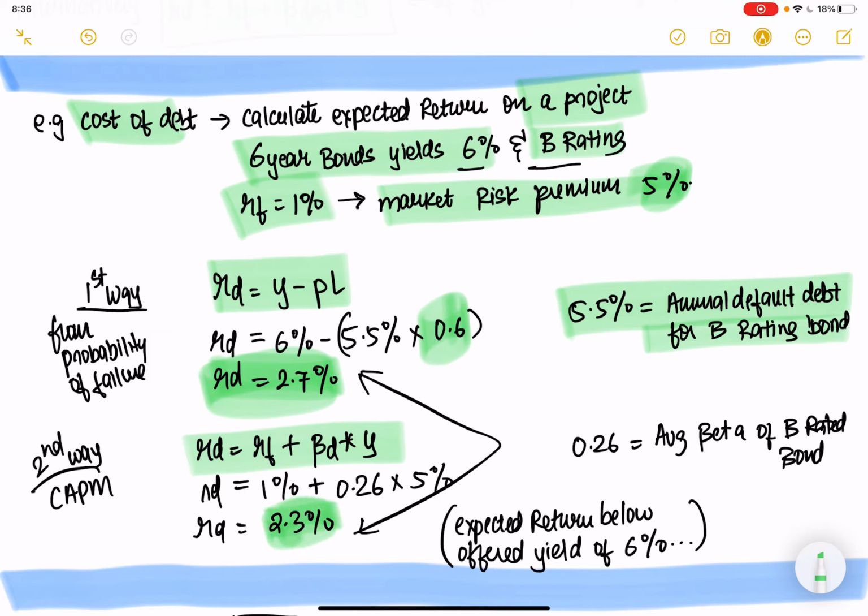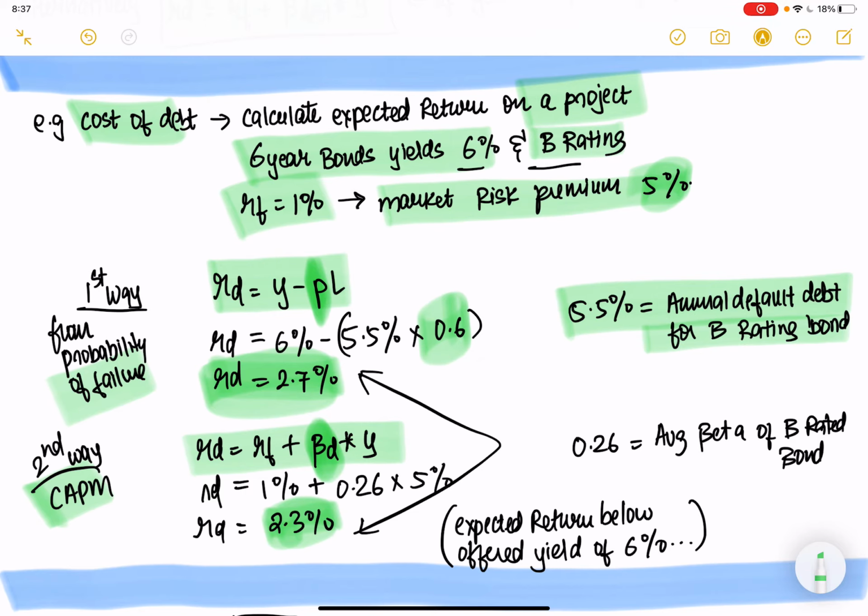As you can see, very quickly you got two different answers here, one using CAPM and one using probability of failure. The key insight here is that there are multiple ways, and each of these numbers has some sort of standard error around it, right? Even when they publish these betas, or these probabilities, any percentage would have a plus and minus.